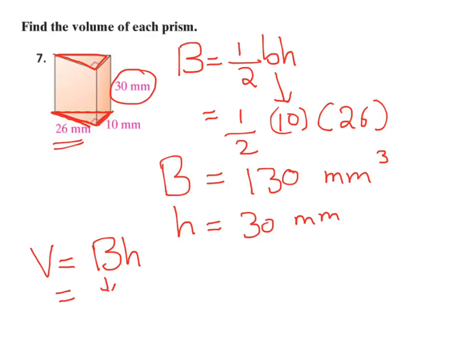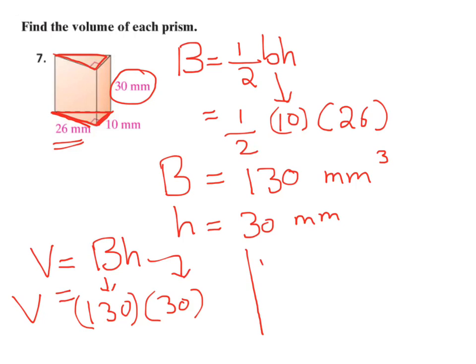It is 130, times how much is H? It is 30. Multiply 130 times 30, and that is going to give us the volume, which is going to be equal to 3,900 millimeter cube.